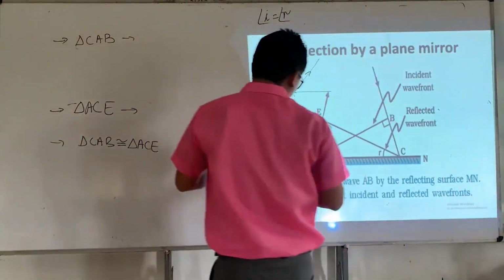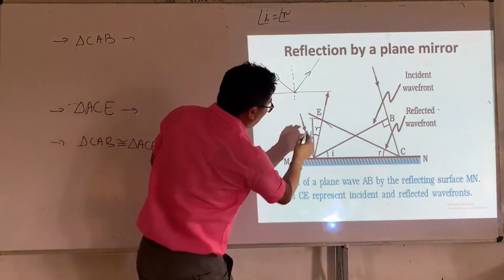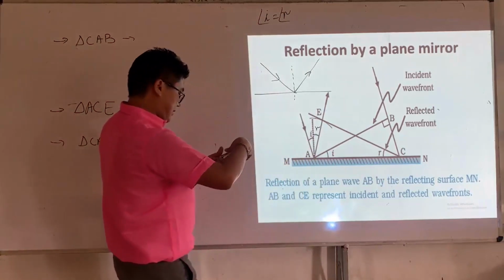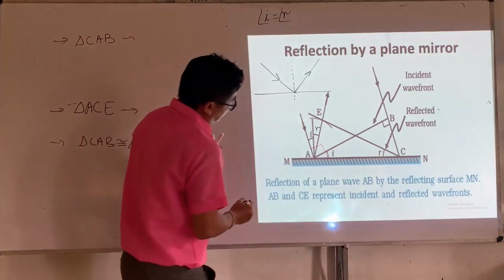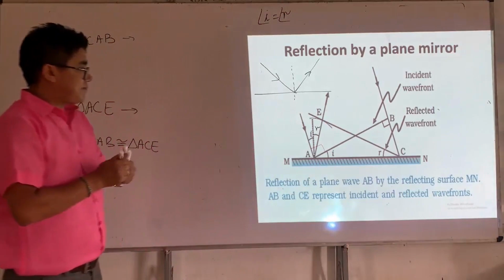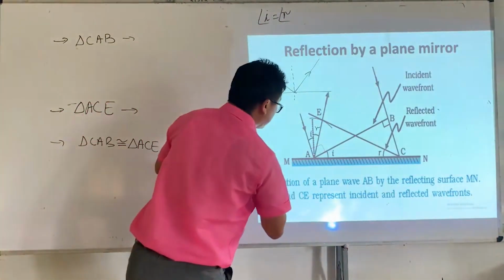So look at here. This is I. When I take this triangle, look at here, one, then another one.